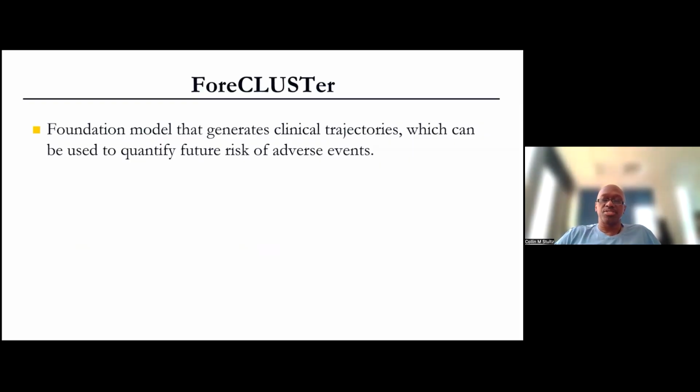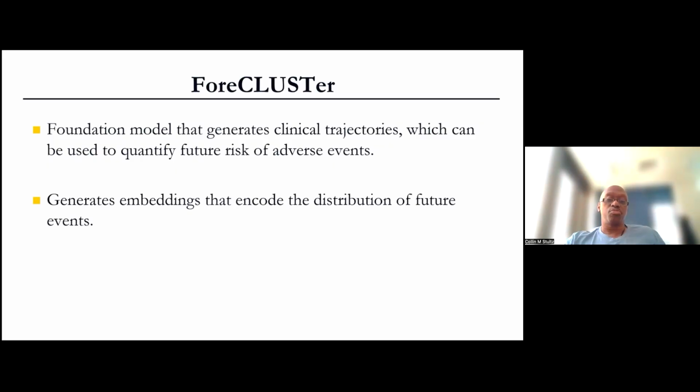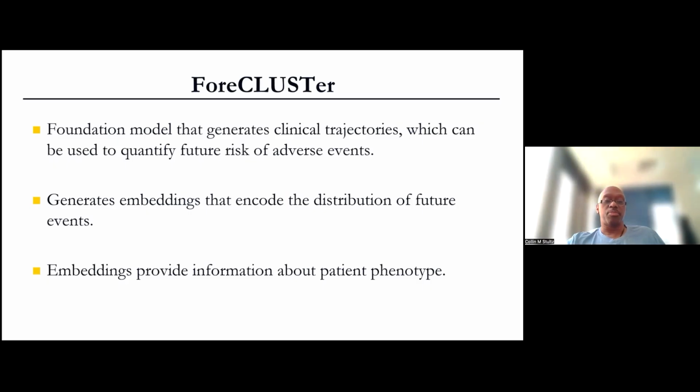I want to contrast this to the traditional approach. I'm interested in death, so I'm going to train a model for death. The foundation model generates many outputs, and after the fact, you can ask, looking at the trajectory, what are the most interesting things that happen to this patient? It generates embeddings that encode the distribution of future events, and these embeddings provide information about patient phenotype.